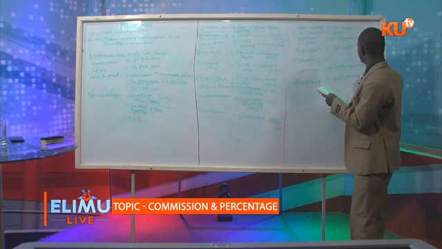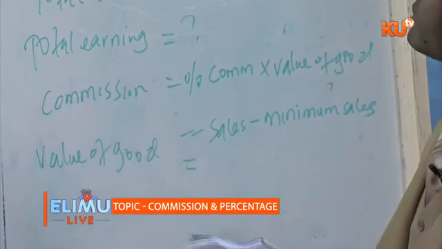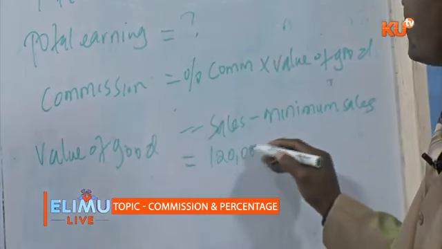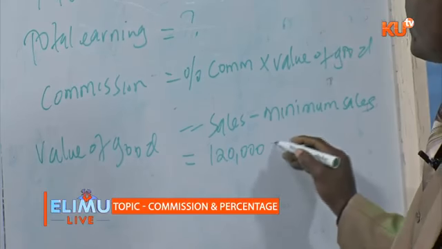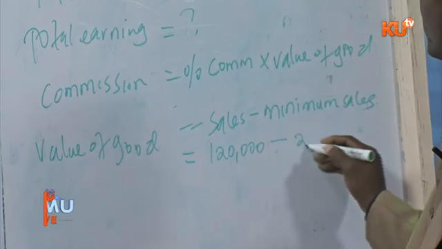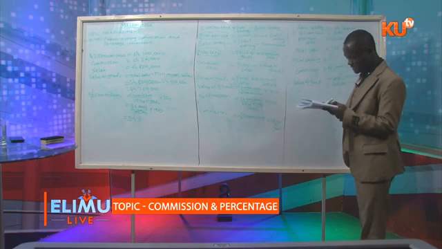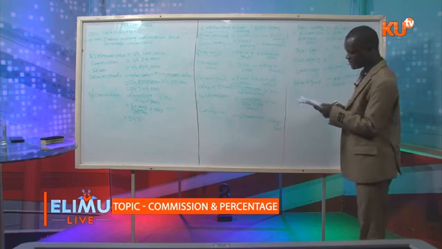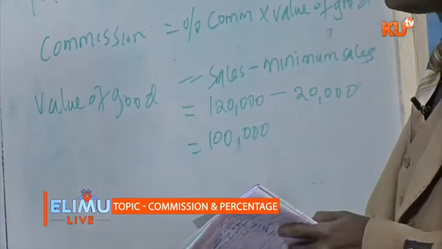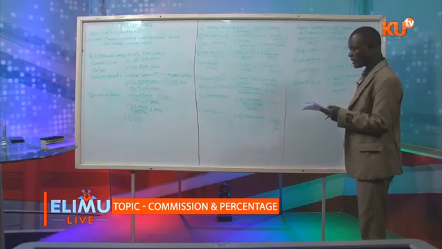Our total sales according to this question was 120,000, minus the minimum sale, which is 20,000. When we subtract that, we get 100,000. So 100,000 is going to be the value of goods from which one is supposed to get commission.